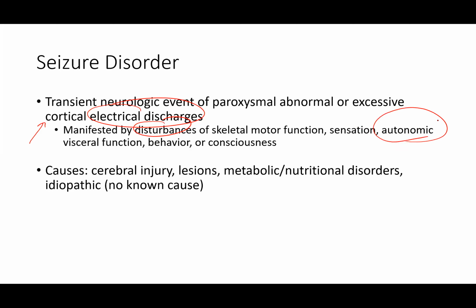There can be some disturbances there, which will change visual function. Their behavior can change. For example, a petit mal. In a petit mal, they are still conscious, and sometimes they'll just have a kind of blank stare into the distance.